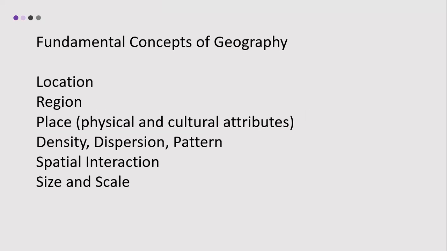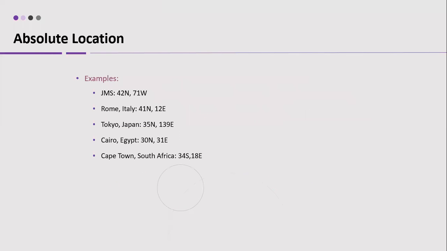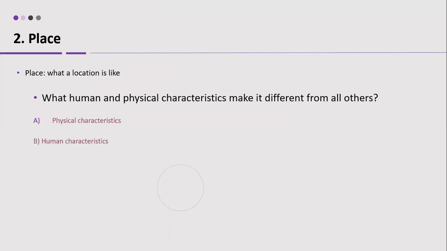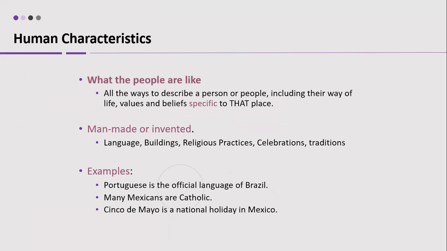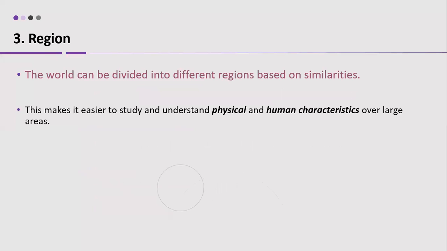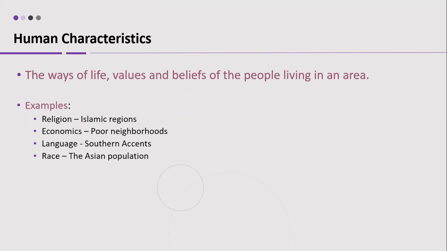So let us start the fundamental concepts: location, region, and place, which we already discussed as part of the themes of geography. Let us rewind: location, that is absolute location and relative location; place, with physical and human characteristics; then region, with physical and human characteristics, large scale region and small scale region.